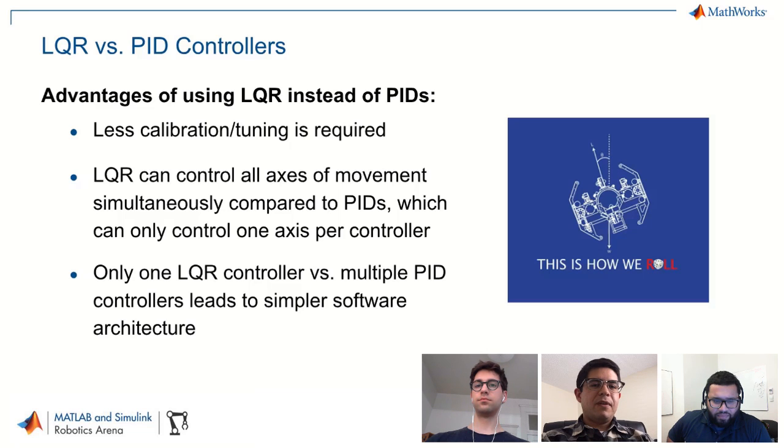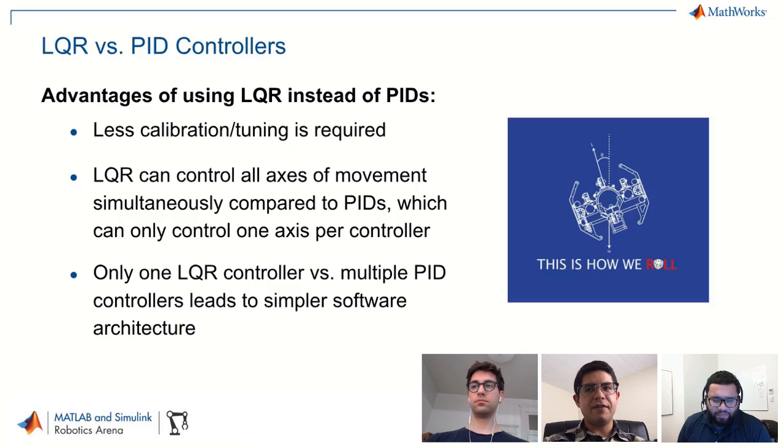Another thing with the PIDs is that they kind of limited the movement that we could do. Before, we could only control 4 degrees of freedom out of the 6. But with an LQR controller, because it takes into account the entire robot state, like the depth, XY positions, velocities, and orientation, it actually allows us to control all 6 degrees of freedom, which allows us to do much more complicated maneuvers if needed.